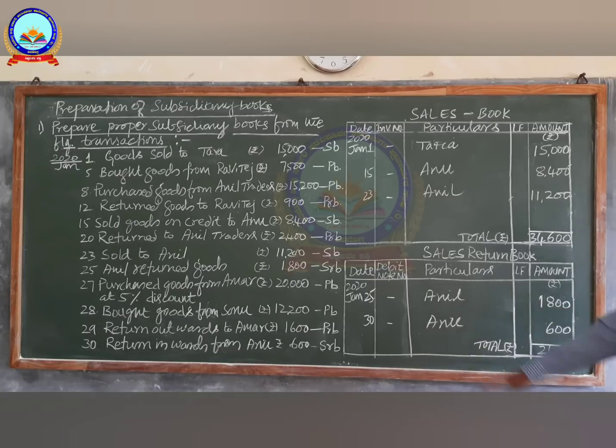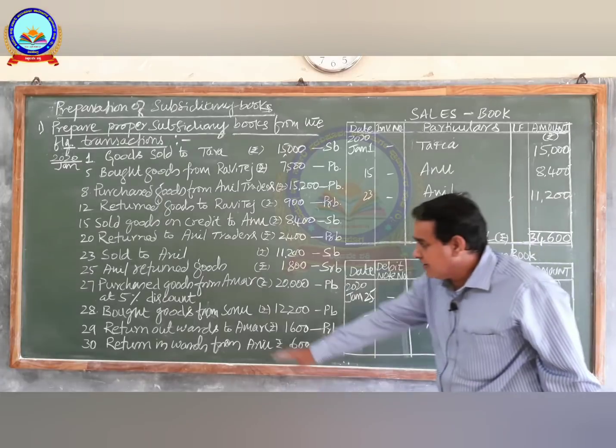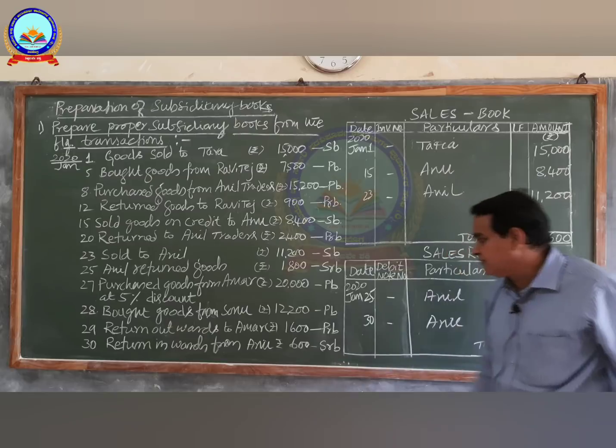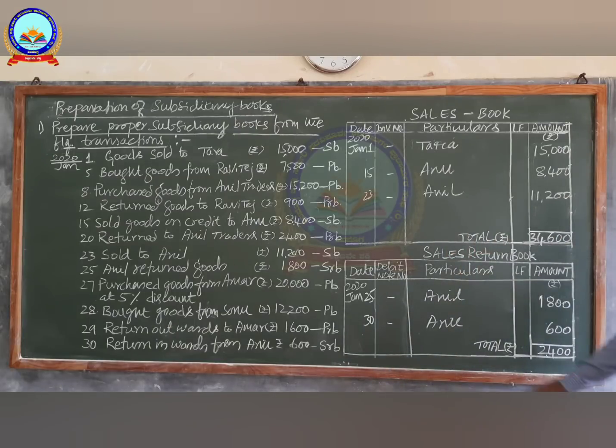Then on 30th January, there is a return inwards from Anu amounting to rupees 600, date January 30, customer name Anu, amount rupees 600. Repeat the total of the amount column. The total comes to rupees 1,800 plus 600, 2,400.